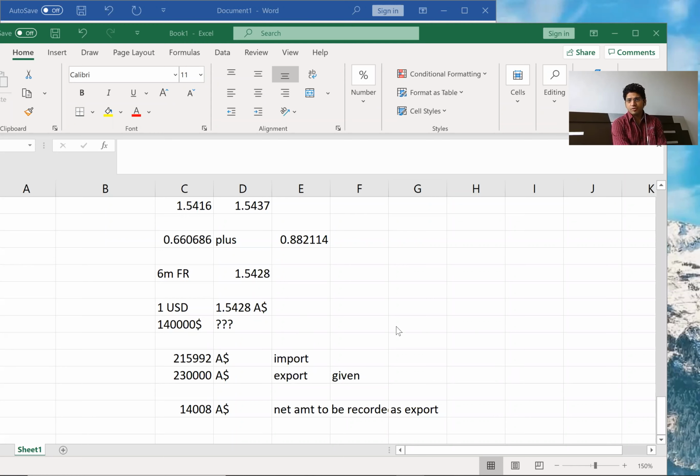So here we are not netting off first. Here we are calculating the amount first and then netting off because the currency is different. If the currency was the same, then we would have done the netting first and the conversion later on.